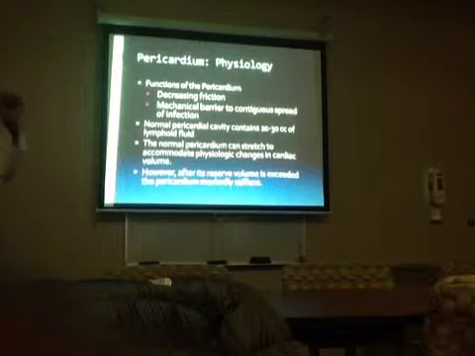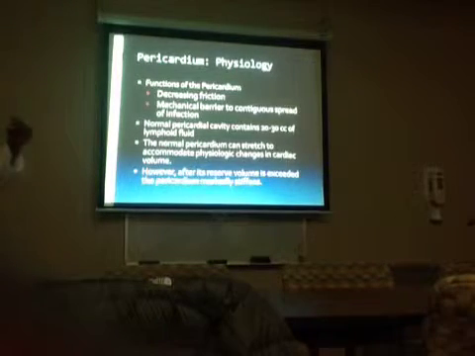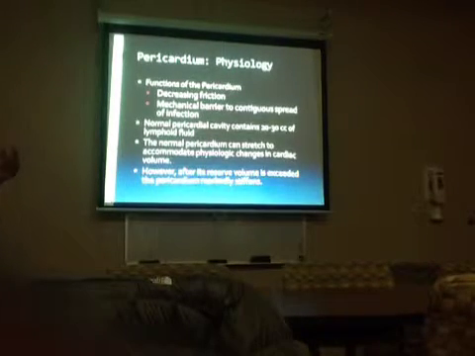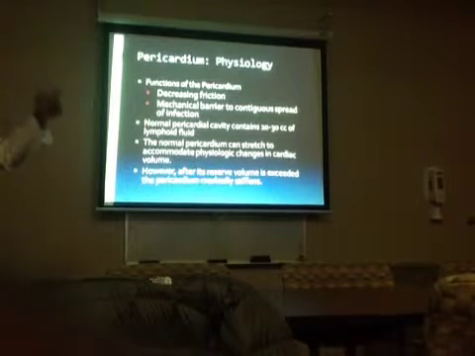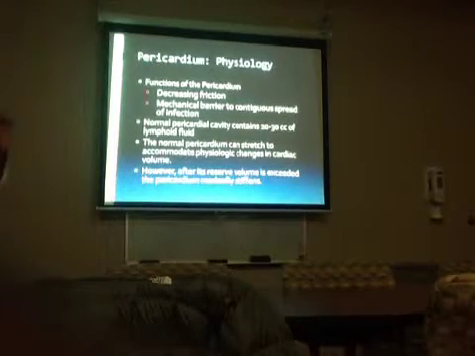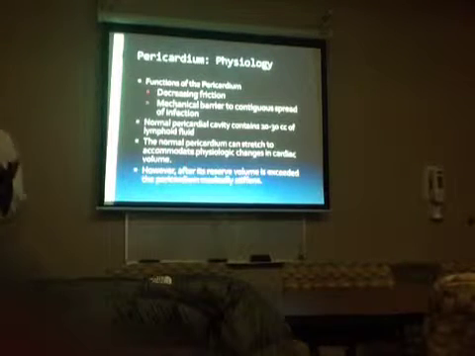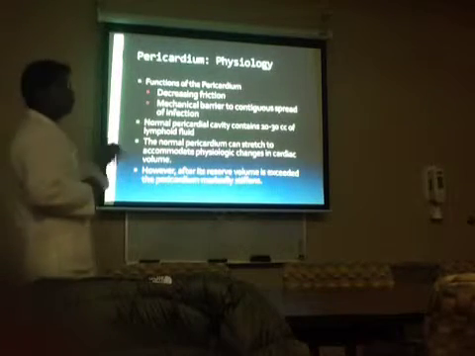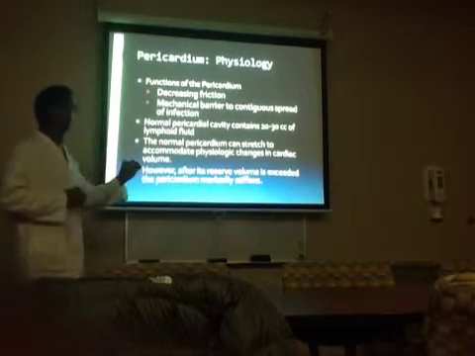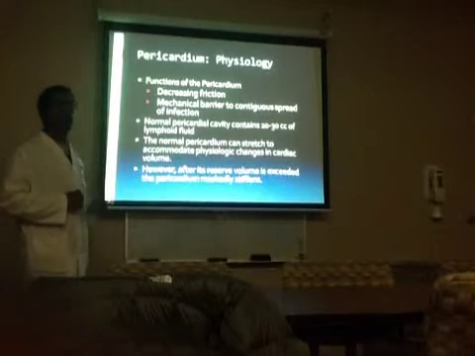But except in those conditions, you cannot separate the parietal pericardium from the visceral pericardium. So if you have a transthoracic echocardiogram and you see a space between the parietal and visceral pericardium, it's unlikely to be normal fluid. And if it is more than a couple millimeters, then it's definitely more than 20 to 30 cc.